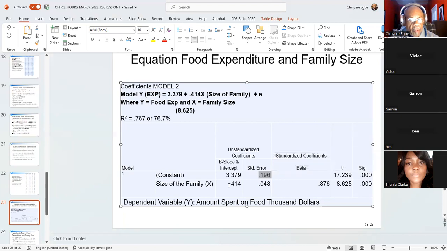So do a little calculation by yourself: take 0.414 and divide it by 0.048 and see what you get. You're going to get 8.625.